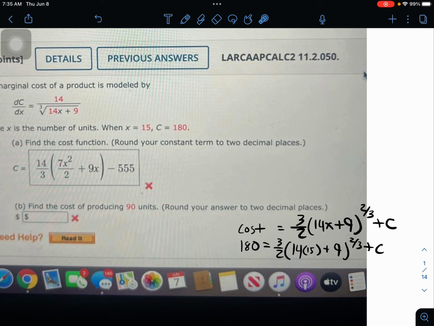Let me make sure I typed it in right. 3/2. So all I'm doing is typing this part right here into a calculator. So I've got 3/2 times 14 times 15 plus 9, and that is being raised to the 2/3 power, 2 divided by 3.